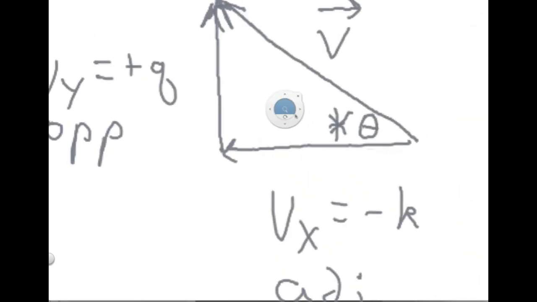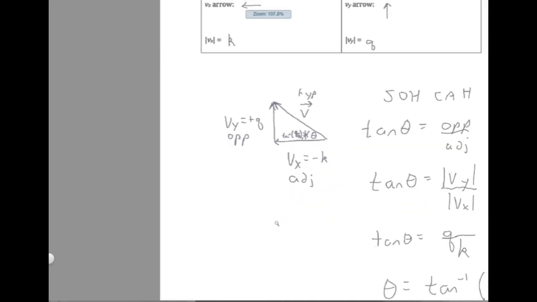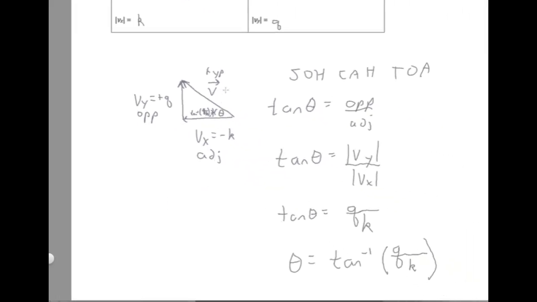So this will be inverse tangent of Q over K. Then we can use the Pythagorean theorem to find this side.